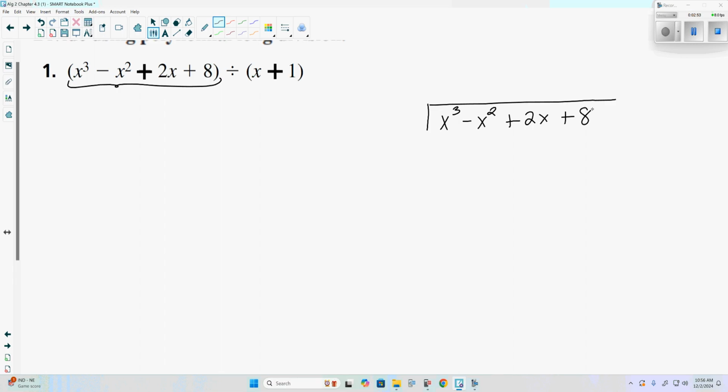The divisor, what we're dividing it by, x plus 1, goes on the outside. Questions on how we set this up?